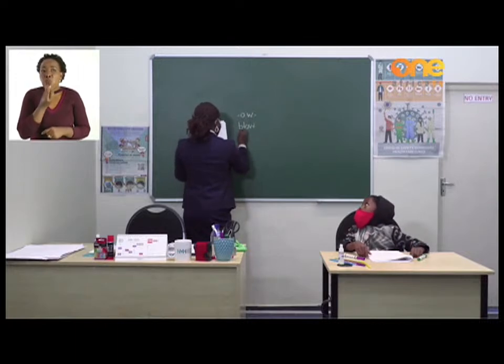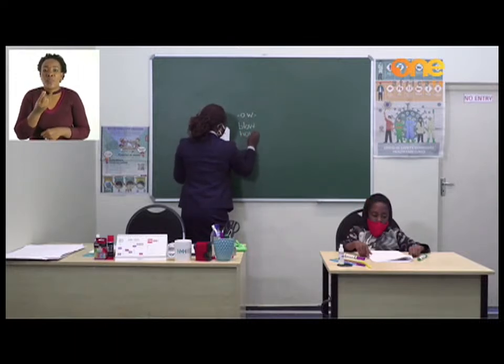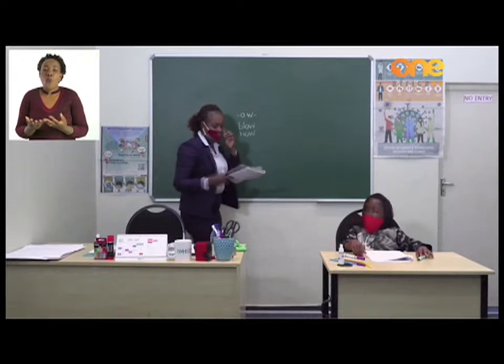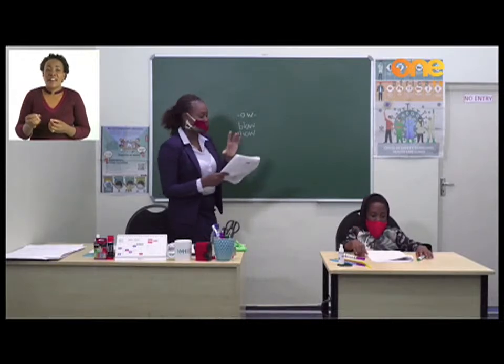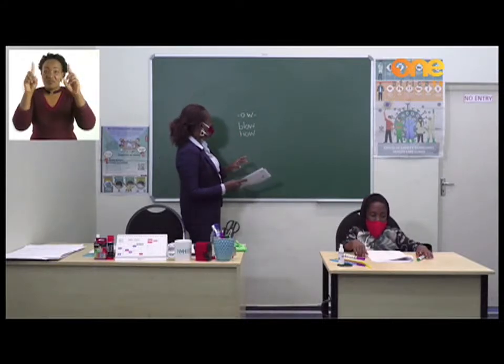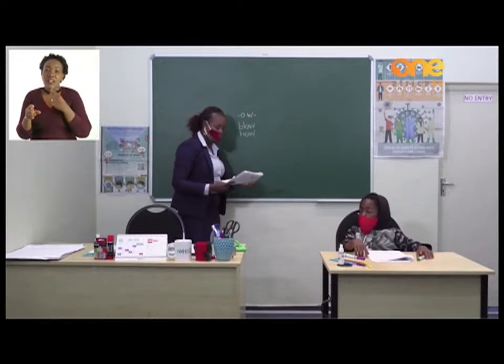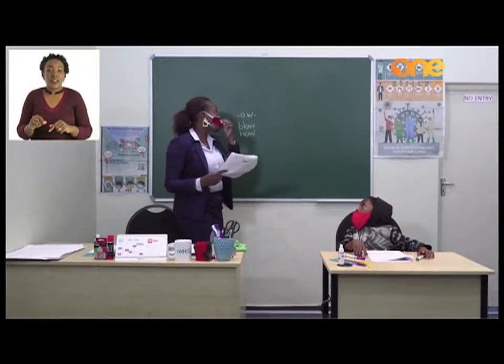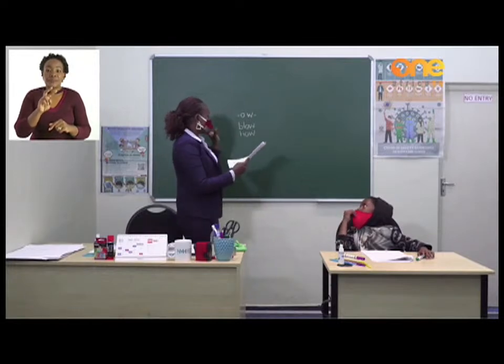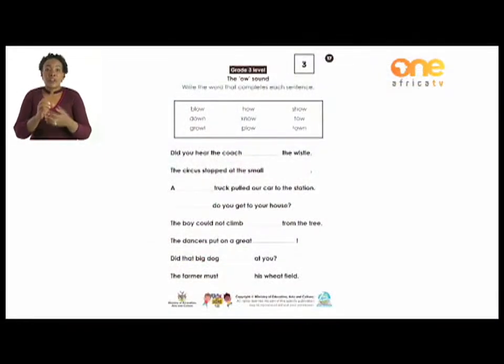We have how. And all the other words given in that box. So this is what we are going to do. We will read them first. Blow, how, show, down, and all the other words.